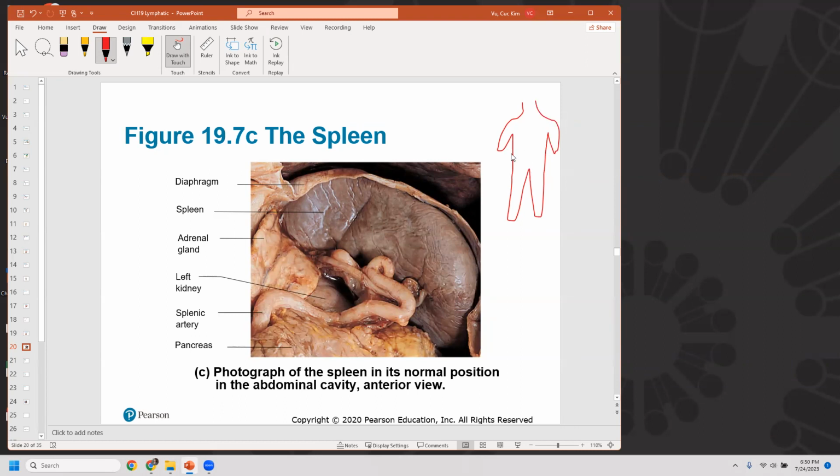Exactly. So where your diaphragm is, so here's your diaphragm. The spleen is right here. So you would find your stomach down here. And then in the back, you'll find your kidneys because it's retroperitoneal. So in the front, you'll find the stomach. In the back, you'll find the kidney. And the spleen is right here. So it's in your upper left abdomen.